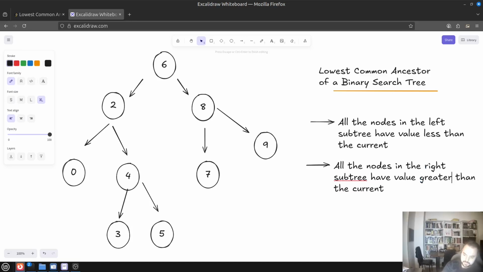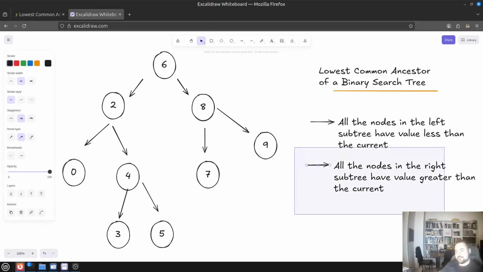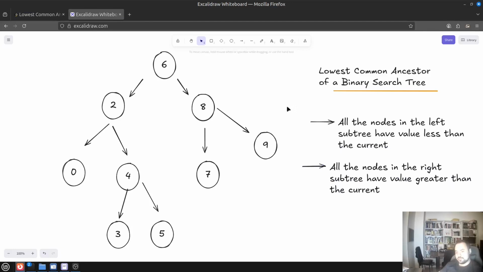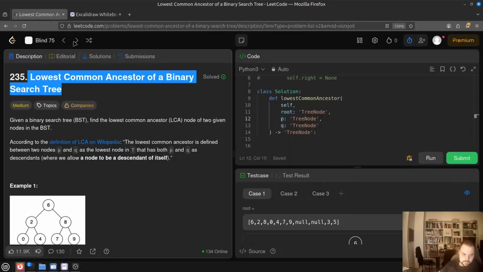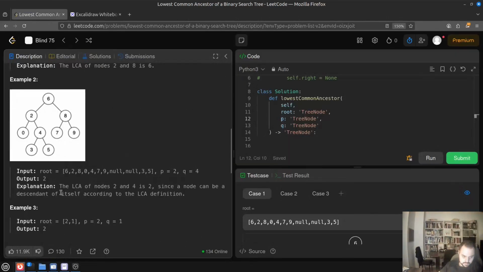Greater. So when we receive our inputs, let's start maybe with those two, 2 and 4.